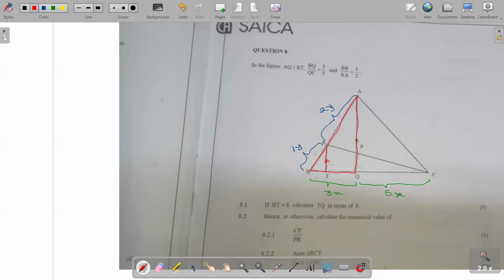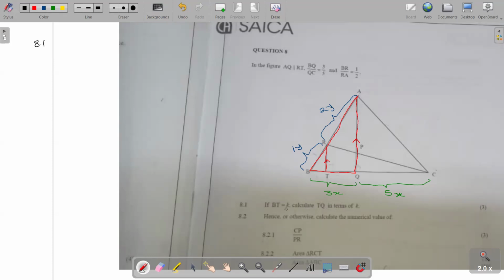So the moment we have a line parallel to the third side, we must think of the proportionality theorem. So let's go to question 8.1.